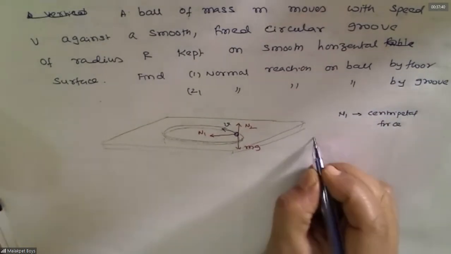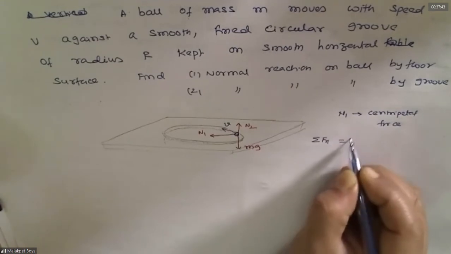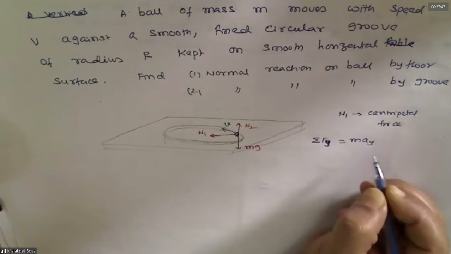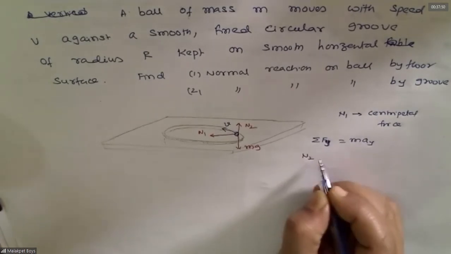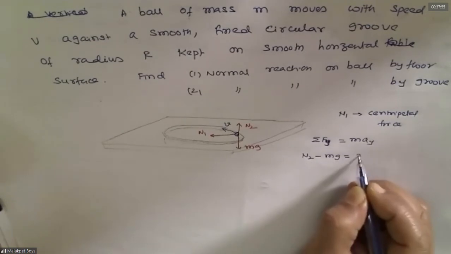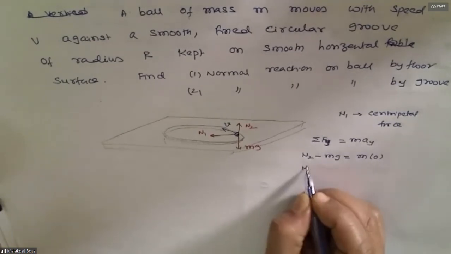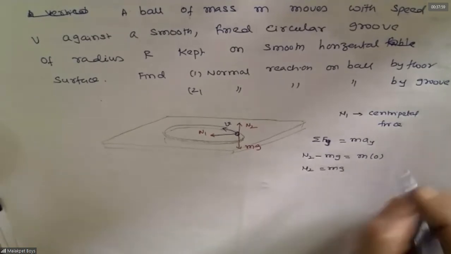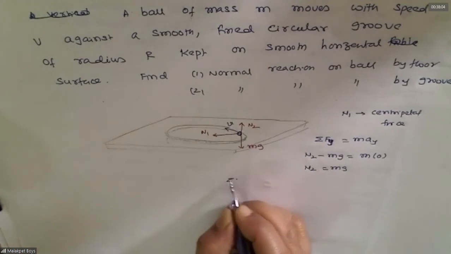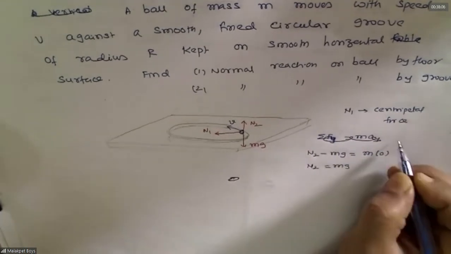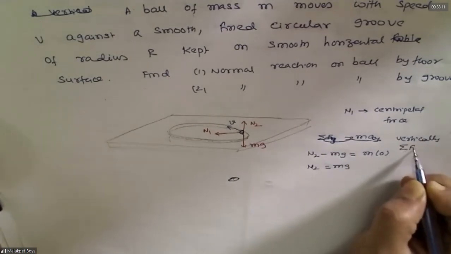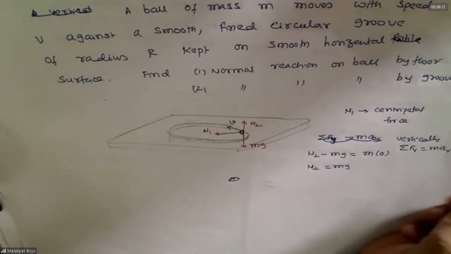Now you can see vertically, along the y direction, there is no acceleration. Radially, F_v equals m into a_v, and there is no vertical acceleration.